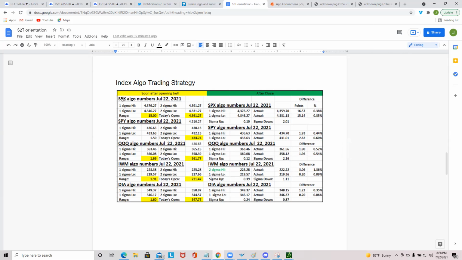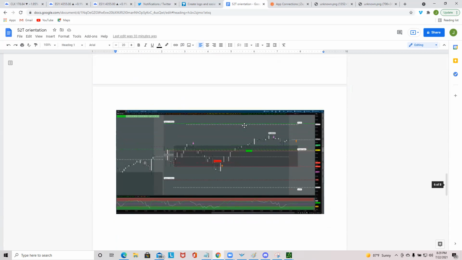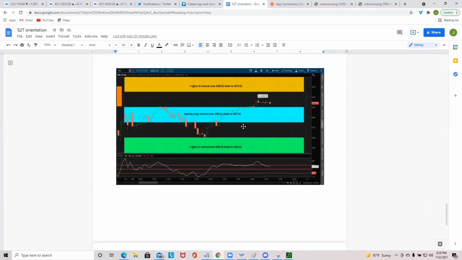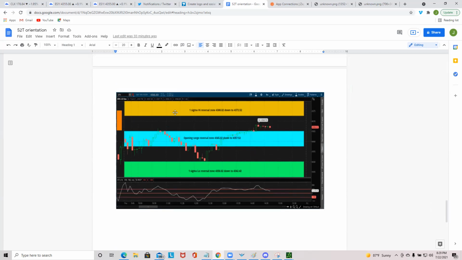And we normally track the SPX every day. We also have a well-documented strategy for how to trade the algos, where to enter, and what to do with it. Most recently, we also developed reversal zones, because obviously we understand that price doesn't necessarily come to a particular number.